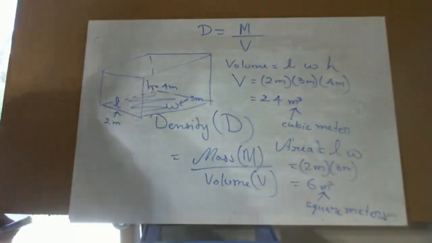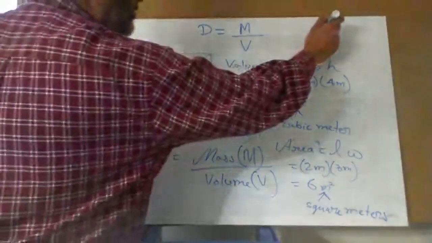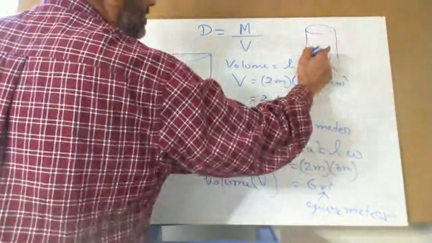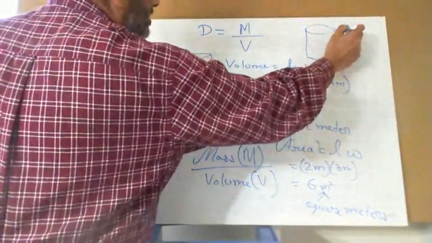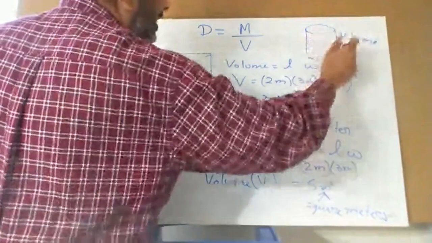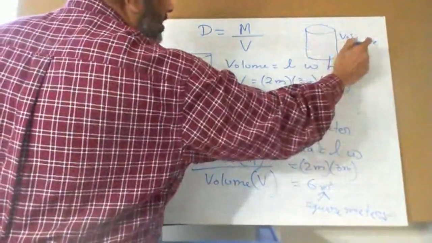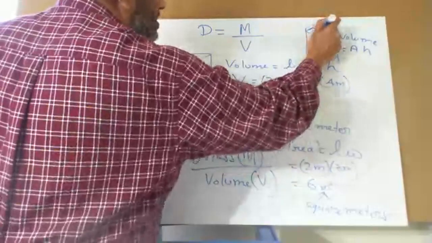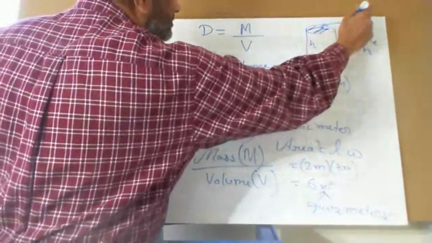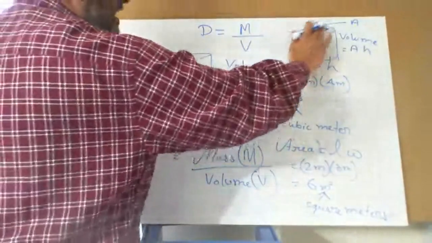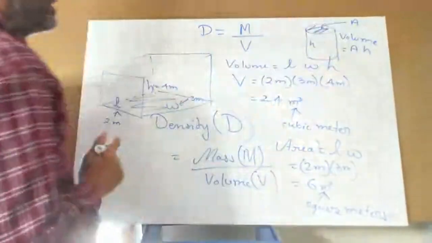For example, if you have a regular cylinder, then the volume of the cylinder is equal to area times the height. So if this is the height, and you know this area, then the volume of the cylinder is that area multiplied by the height, right?